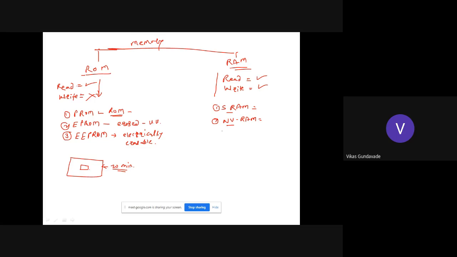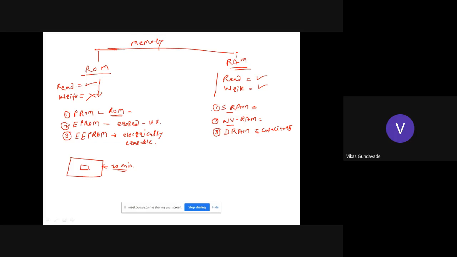One more RAM is available, called DRAM, that is dynamic RAM. Here also it is a configuration of flip-flops, but it is different compared to the static RAM, because static RAM uses flip-flops, and for dynamic RAM the capacitors are used to store the data.